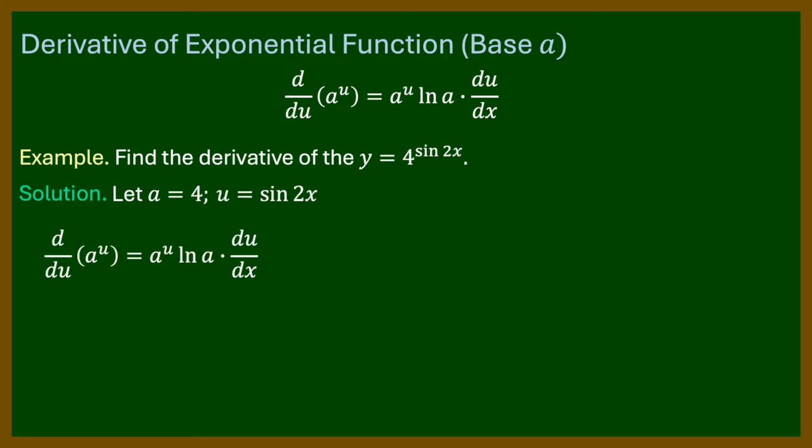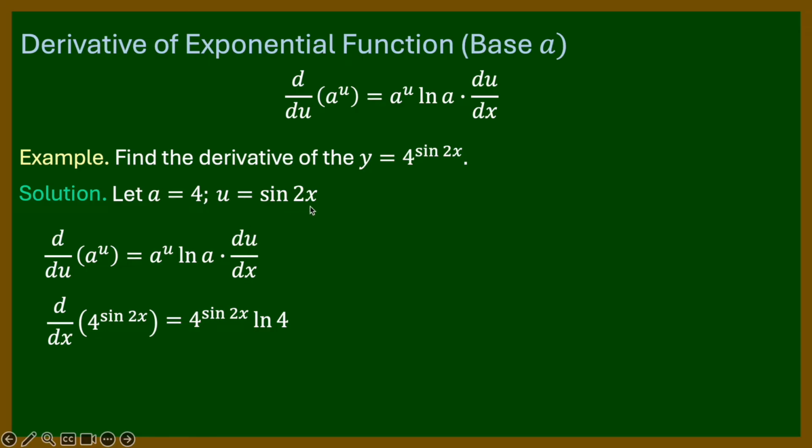And then let us use once again the formula, since it is in the form of base a. Now, a to the u is the given function, obviously, that is our 4 to the power of sine 2x. a is 4, that's why the next term is ln of 4, times derivative of u with respect to x.